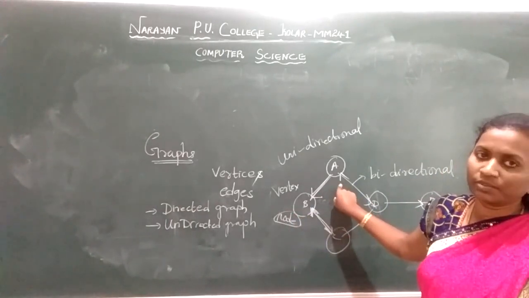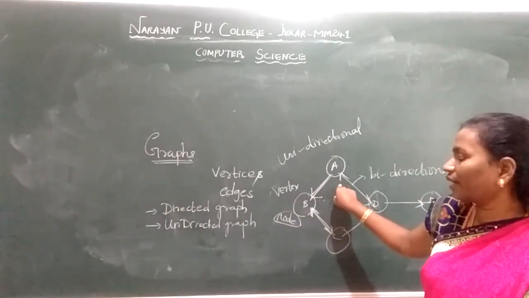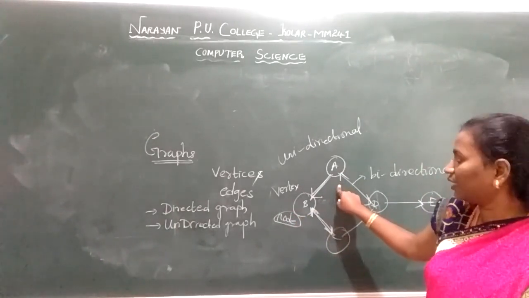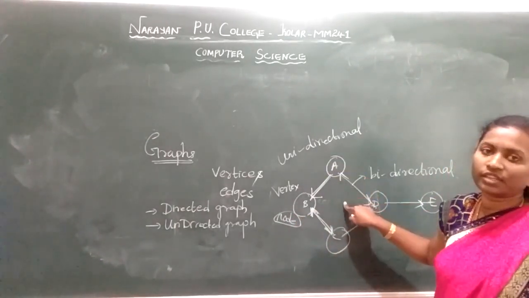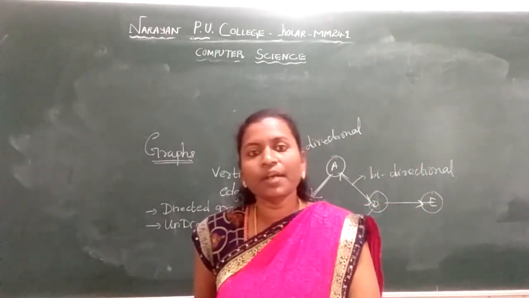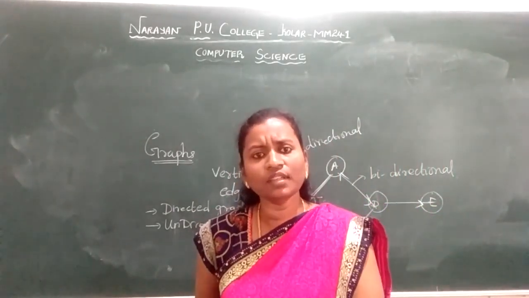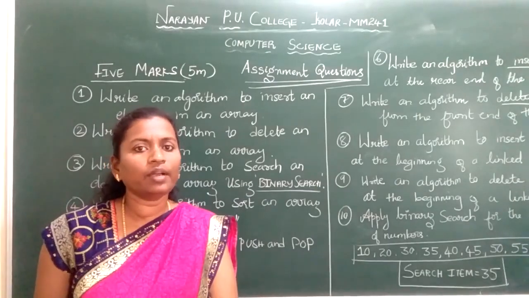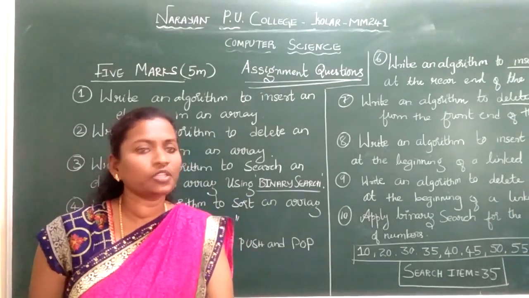If you don't specify the directions, that is undirected. If you specify the direction, that is a directed graph. In directed graph we have two types: unidirectional and bidirectional. So this ends the non-linear data structure.